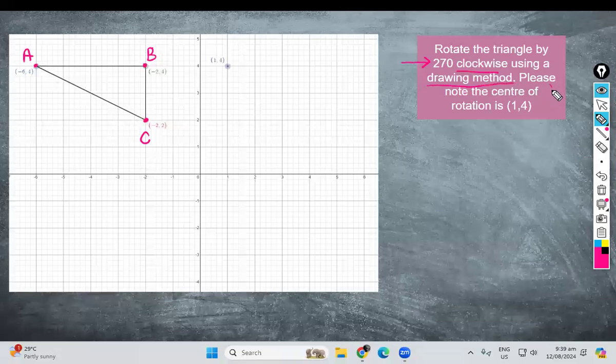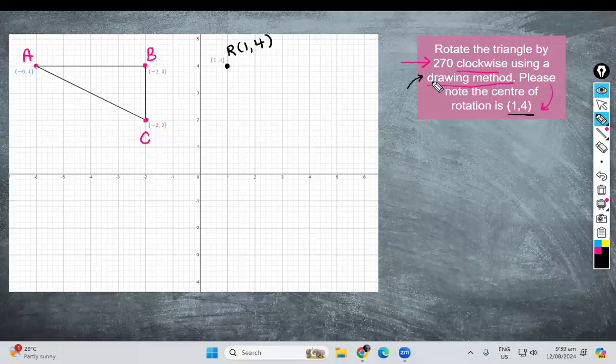But look at this question if you keep reading on. The center of rotation is not the origin. The center of rotation is 1, 4, which is 1 on the X and 4 on the Y. Right, I'll put it back here, 1, 4. The examiner is kind of being nice here. He's telling you to use a drawing method.